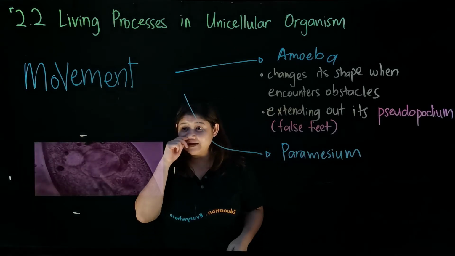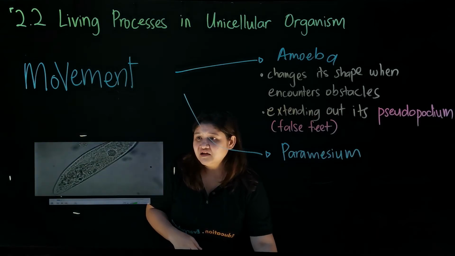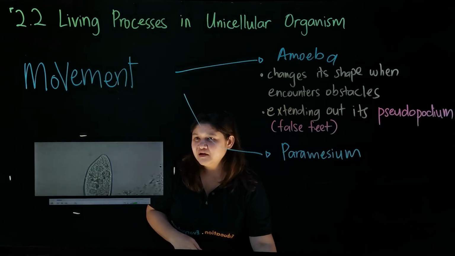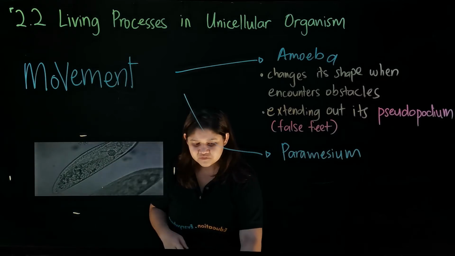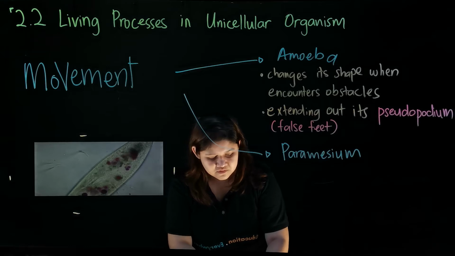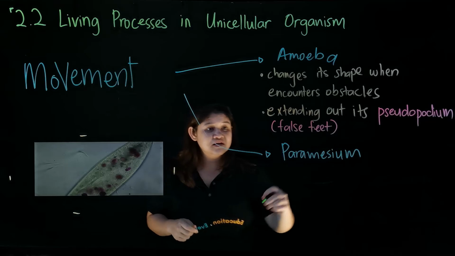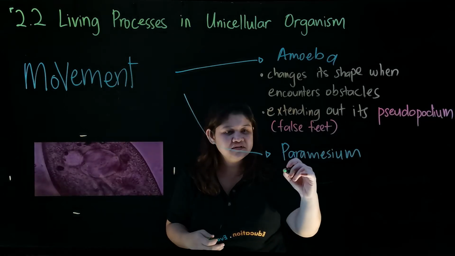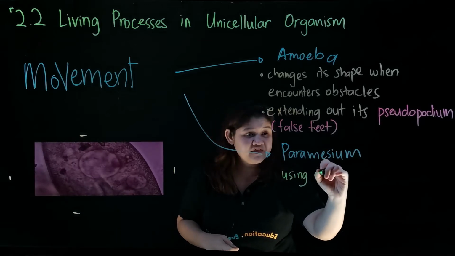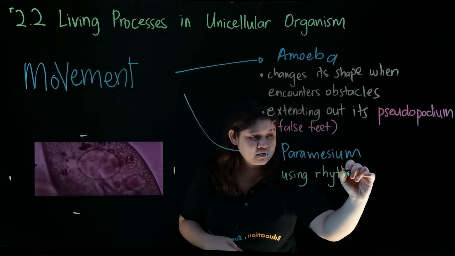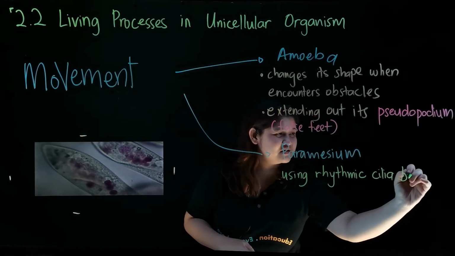Now paramecium. The video that you're looking at now is actually paramecium. You can see that there's a thin fine hair around the paramecium. Let me get green. How paramecium moves is by using rhythmic cilia beats.